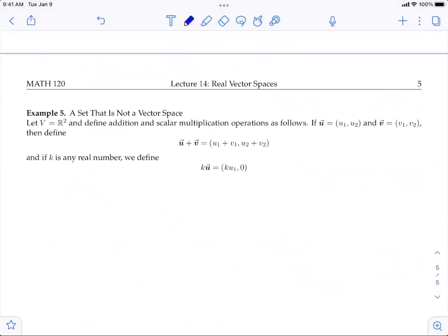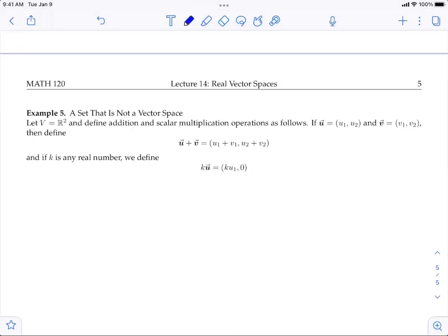In the last example, we're going to see that the set that we have is not going to be a vector space due to the weird setup of the scalar multiplication. So let V be R2, and define two operations. One is, of course, vector addition, and the second one is scalar multiplication.